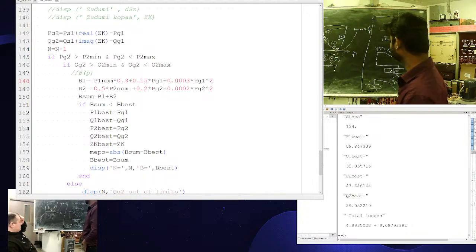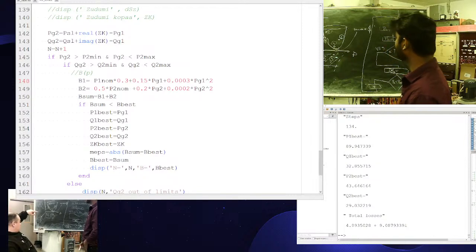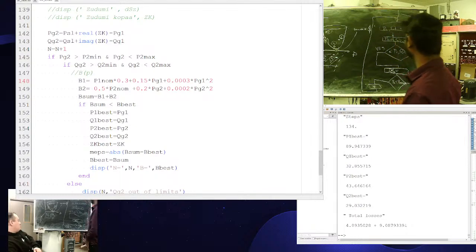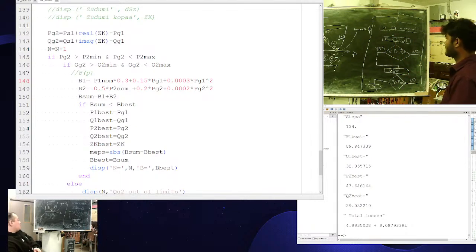Just take a derivatives from the fuel consumption chart, write a system dB by d power equals to 0, and you will get immediately best one. But if you ignore losses, at the point you start calculating your loss.